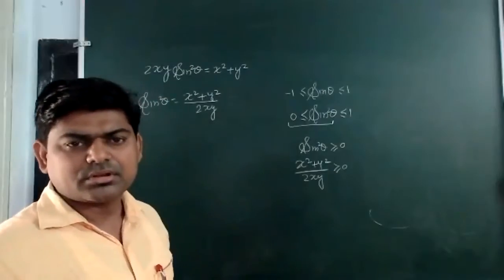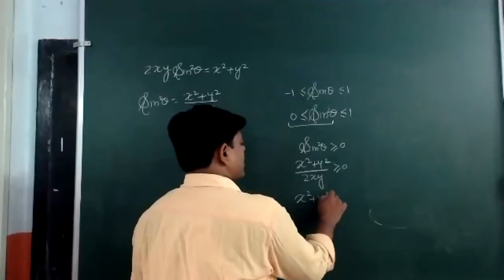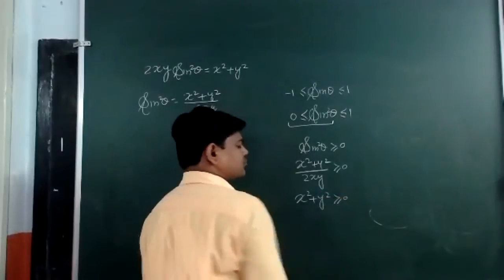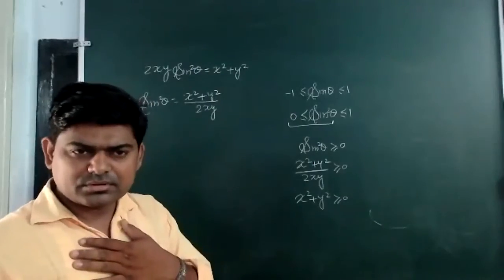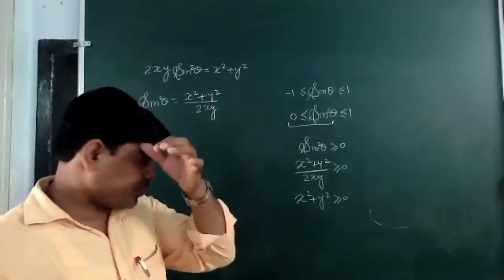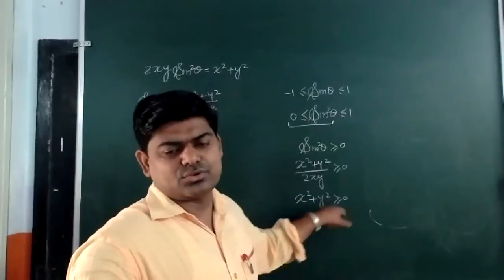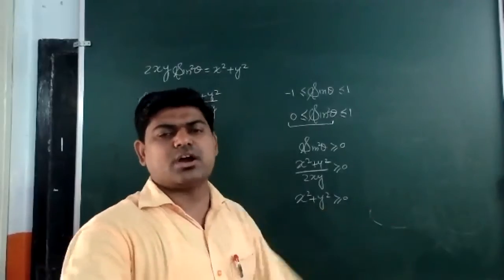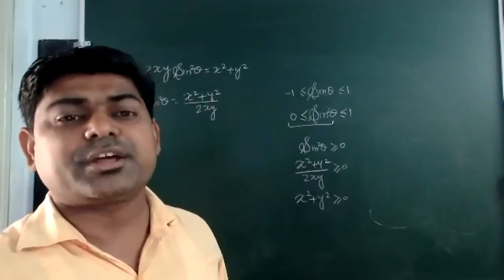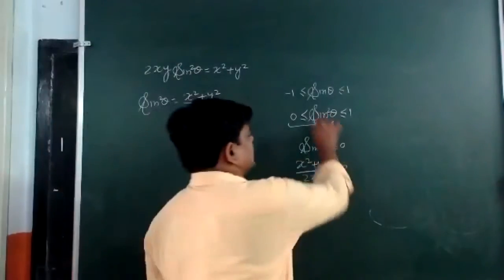Is it? Say yes or no. Now from here we are not able to say directly x is equal to y. It may be different. Even then we will get the sum of the squares of these two greater than 0. So we will move to the other case.